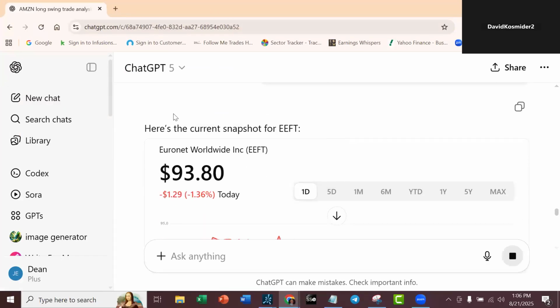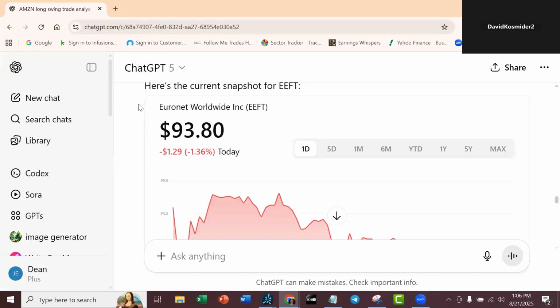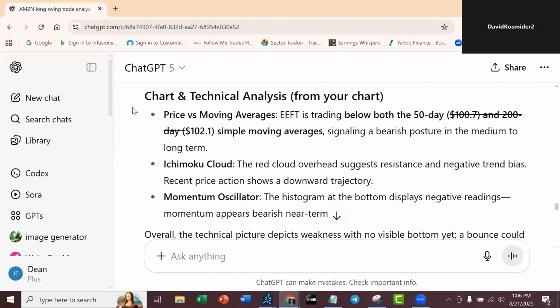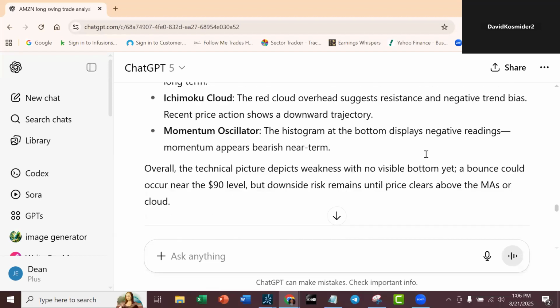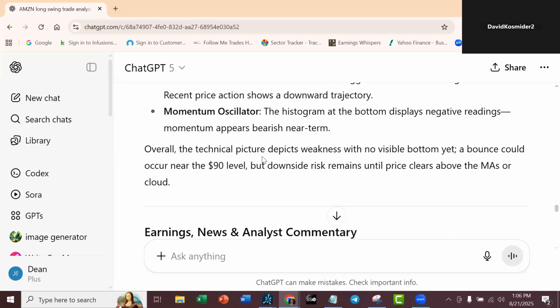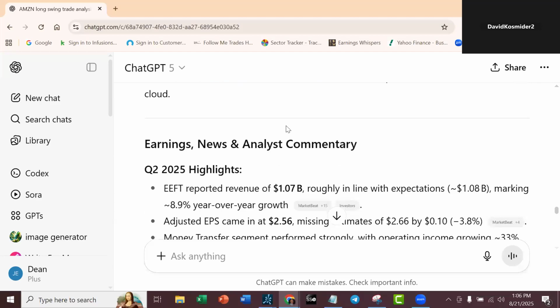So here's what ChatGPT Model 5 says about EEFT. It says it's trading below the 50-day, signaling a bearish posture in the medium to long term. The Ichimoku cloud is red, resistance, negative trend, negative momentum readings. Overall, the technical picture depicts weakness with no visible bottom.